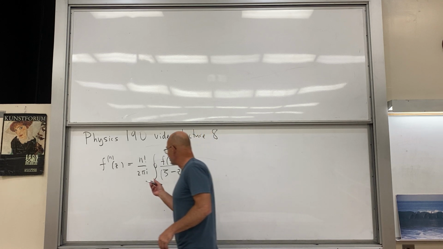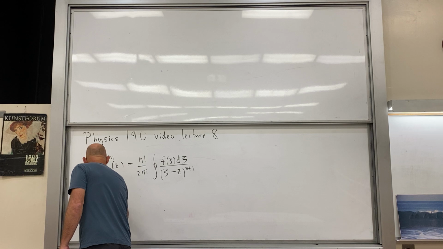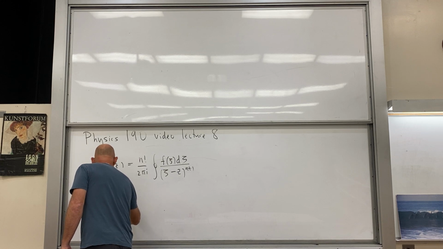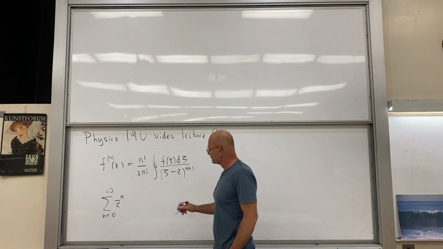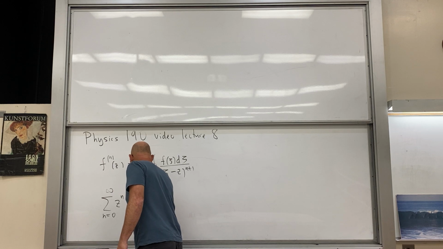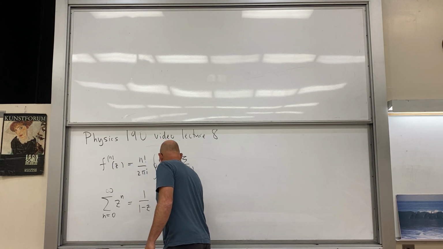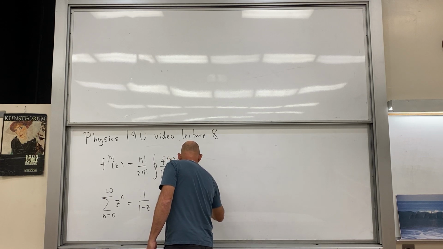We also have this very important series expansion: the sum over z to the nth power, infinite series, 0 to infinity, integer powers, equal to 1 divided by 1 minus z, when the magnitude of z is less than 1.